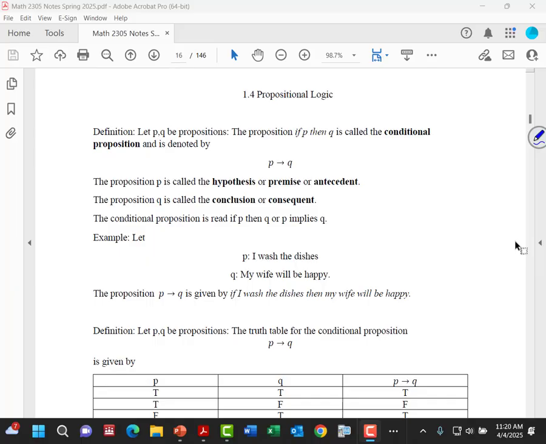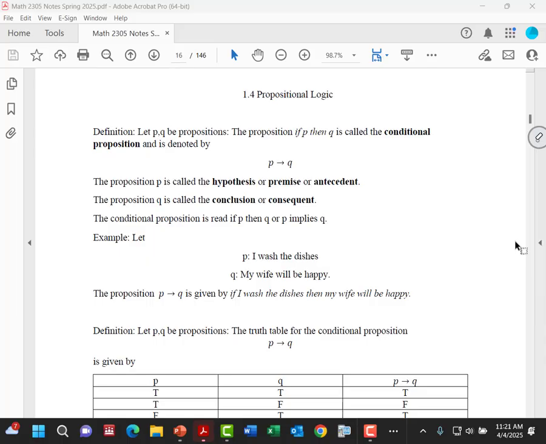So let P and Q be propositions. The proposition, if P then Q, is called the conditional proposition, and it is denoted by P, then this arrow, Q. And this is literally read, if P, then Q. Now, these two propositions: P is called the hypothesis, or sometimes we might call it the premise, or in a philosophical setting, you might call it the antecedent.